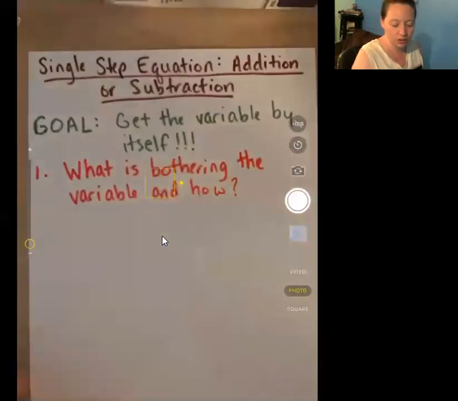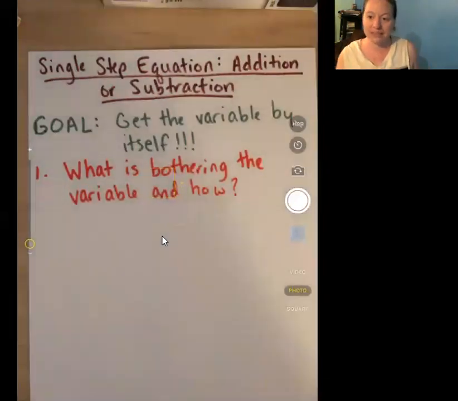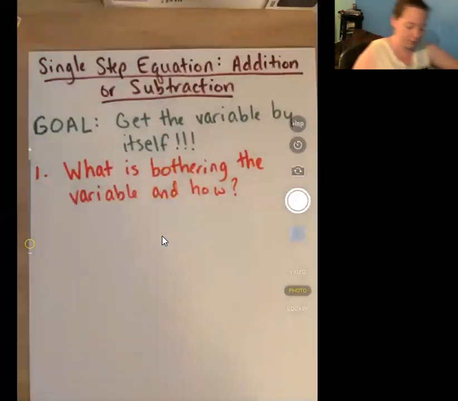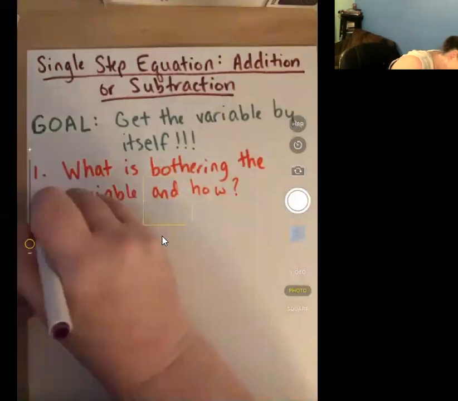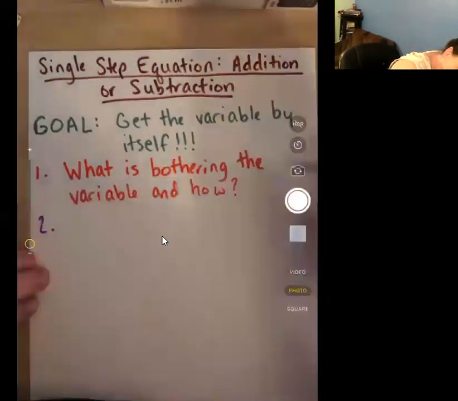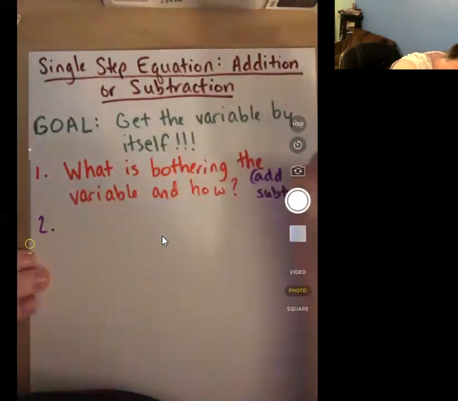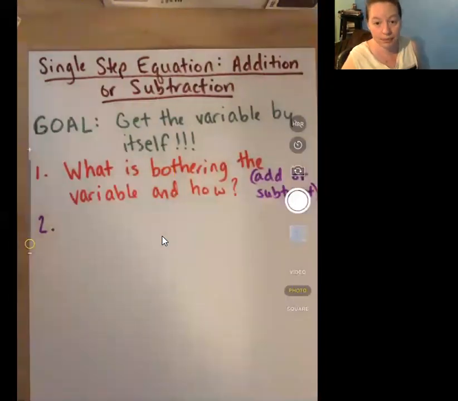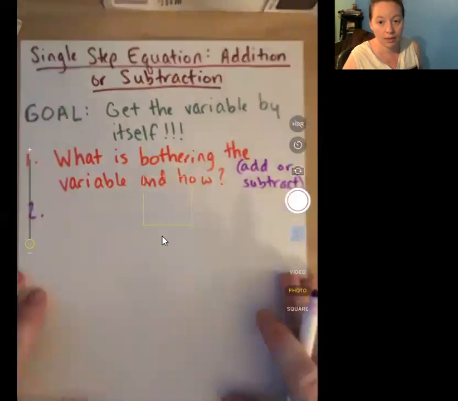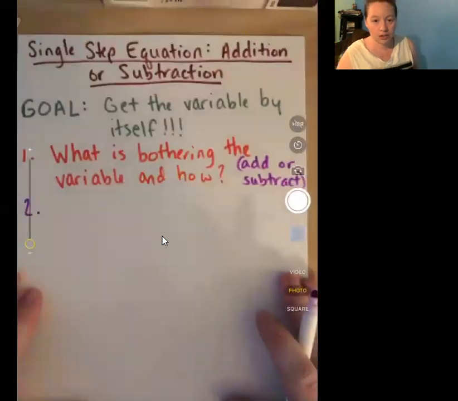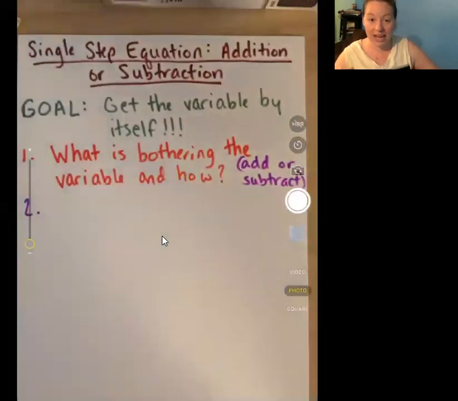So your answer for today is either going to be, is it something added to it or something subtracted from it? So I'll put add or subtract in parentheses there. Okay? So what is bothering the variable and how?